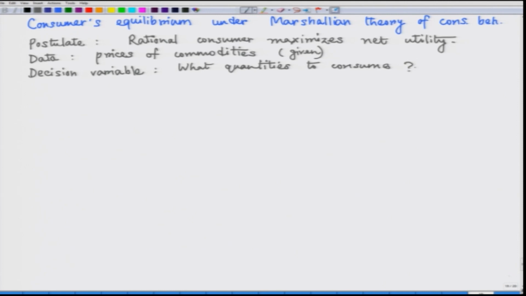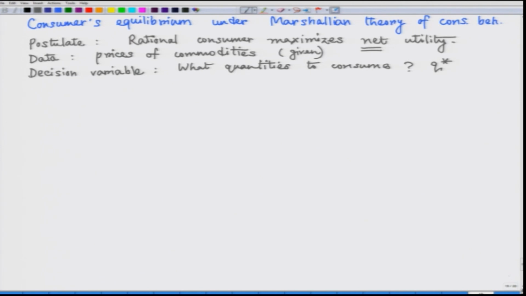So, if we are assuming a single good world, say we have this good Q, then we are looking for Q star, the optimal number of units of consumption good Q, which will maximize the consumer's net utility. Remember that it is net utility, not total utility.